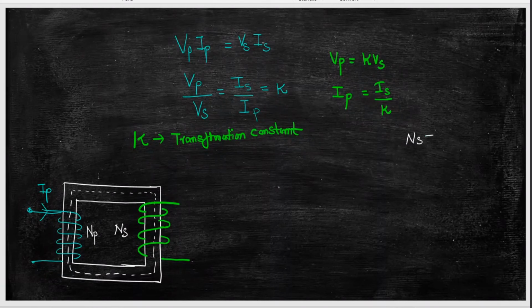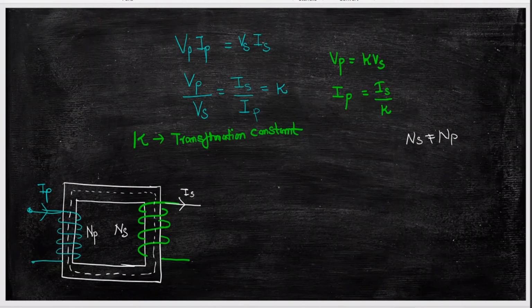Then when I connect the load, IS is coming from this winding. See here that IP is traveling in this NP number of turns, and IS is flowing in this NS number of turns.